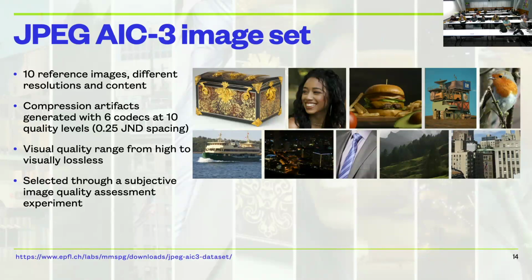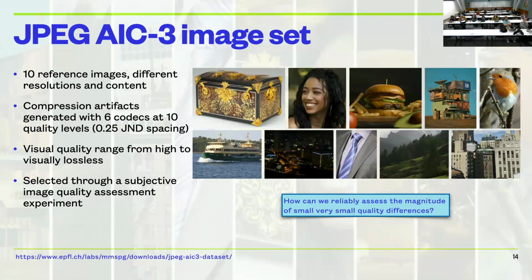It consists of 10 reference images, and 6 codecs were used, or initially only 5, and then JPEG AI came on top of it. And the visual quality ranges from high to visually lossless. And yeah, so this was published at QoMEX a couple of years ago.